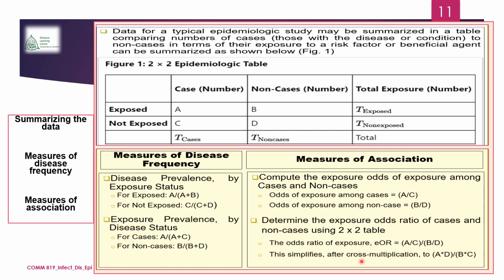If you cross multiply this, you get A times D divided by B times C. But the simplest way is to cross multiply directly from the table.